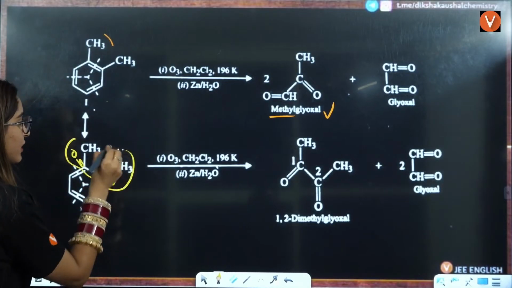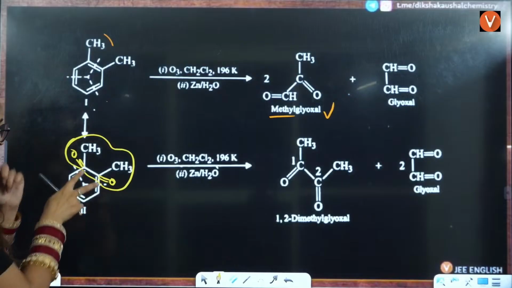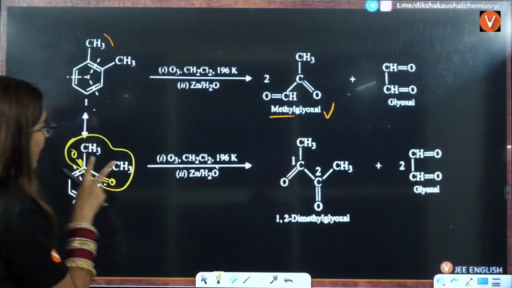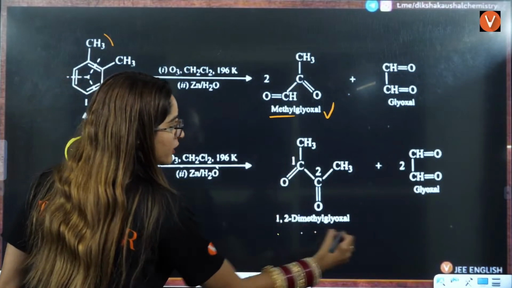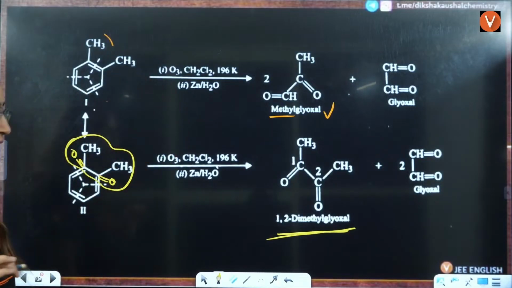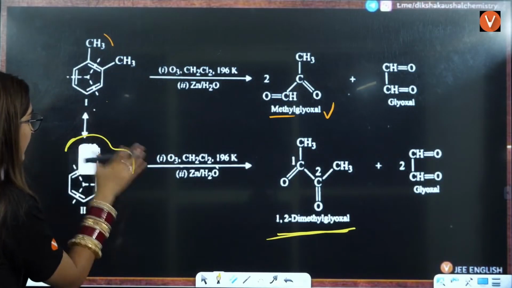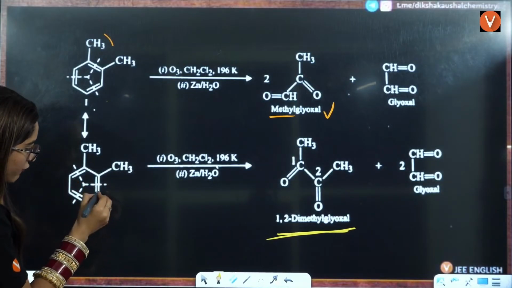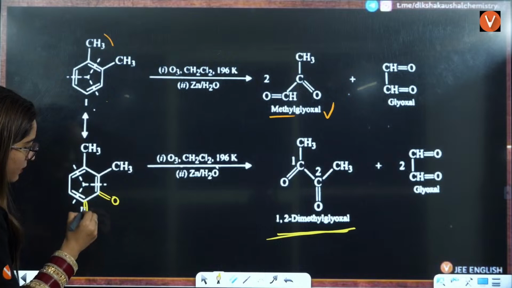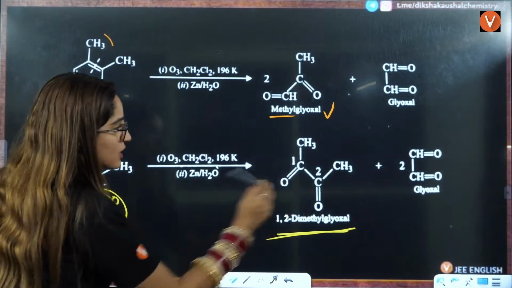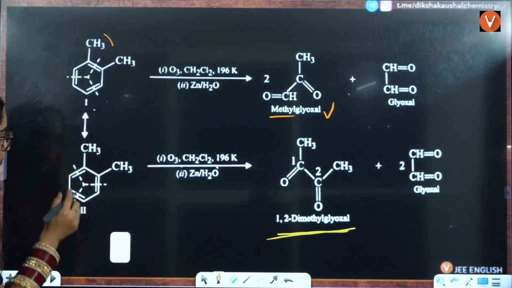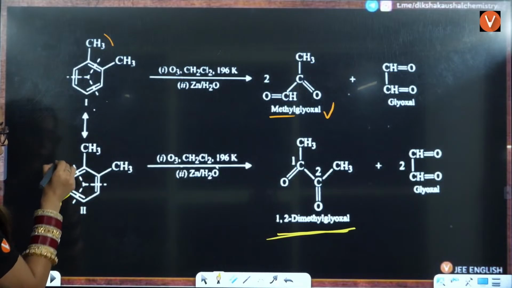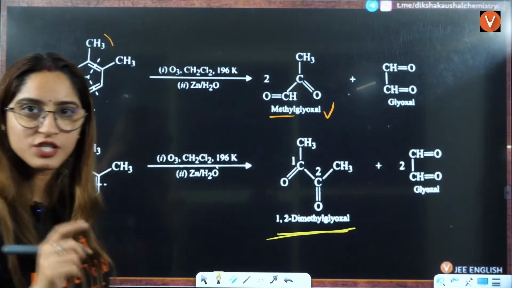So this is one kind of compound, that is two carbons with double bond O and two CH3 groups over here. That is dimethyl glyoxyl, right? Then here, after breaking, it will give you double bond O, and this is double bond O. That is glyoxyl, right? Here it will give you double bond O and double bond O. That is again glyoxyl, right?